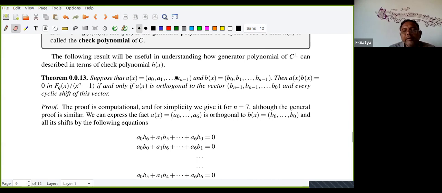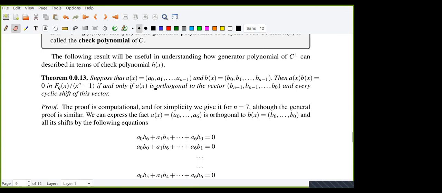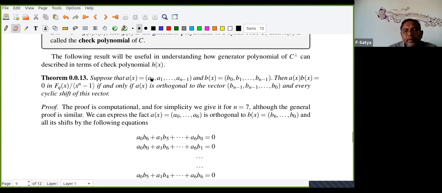When you say that two vectors are orthogonal, it means a0 into b0 plus a1 into b1 and so on, plus a(n minus 1) into b(n minus 1), is equal to 0.